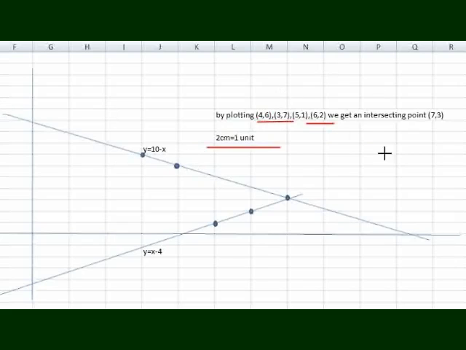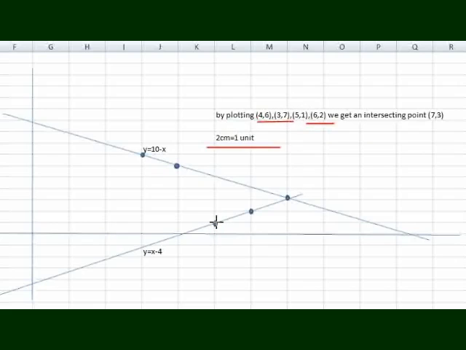In this way, for the next 2 coordinates we have to plot the points. For 5, 1, on the x-axis we first find 5: 1, 2, 3, 4, 5, and next on the y-axis that is 1.